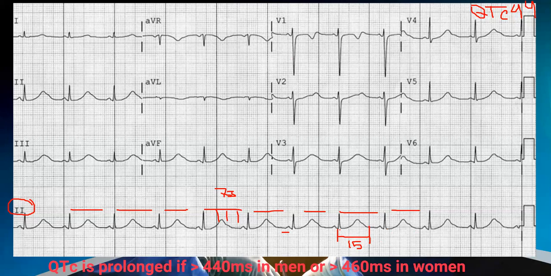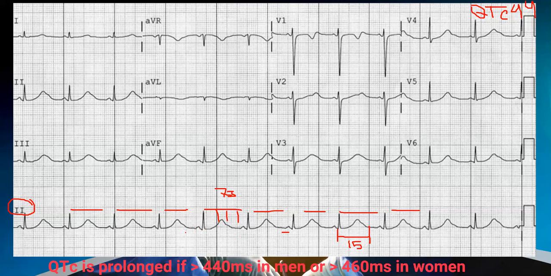In this case, this is the Q. Sometimes you will not be able to see the Q wave because normally a Q wave only comes in an old MI. So just find the start of the R wave and then move to the end of the T wave. This is the end of the T wave, right? And then measure the small squares.